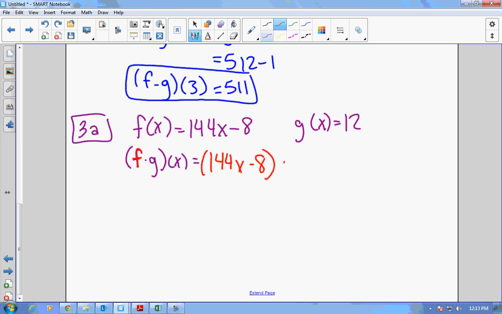So we're going to be timesing. I put parentheses because everything will be times, right, Justin? What do we times by, Justin? 12. The g function, which is 12. Oh, whoopsies. Okay, squeeze a 4 in there.